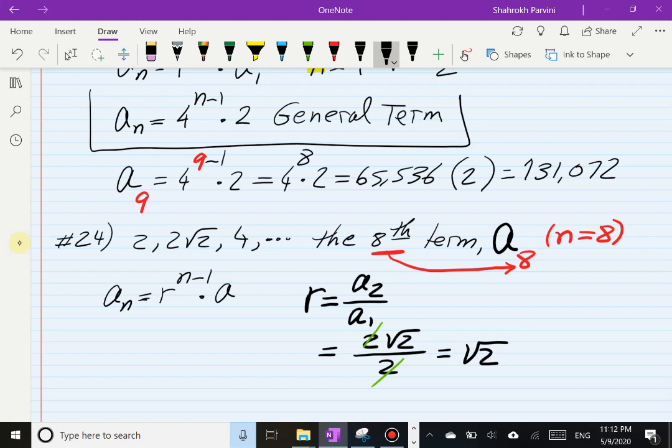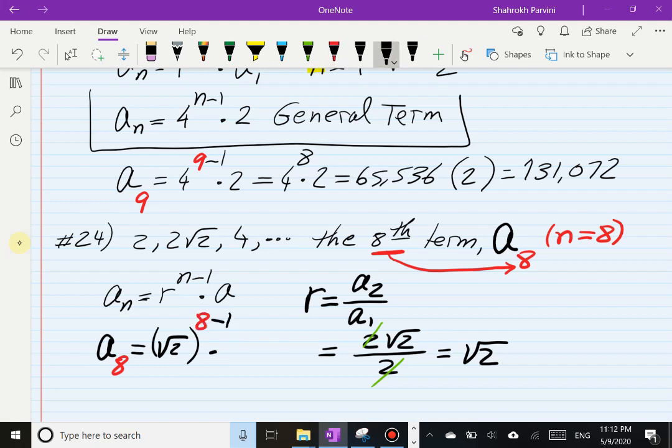That means each time to go from first to second, second to third, third to fourth, and so on, you multiply by square root of 2. So a sub 8 now, that's what we want to do, right? A sub 8 is going to equal r, which is root 2, to the power of 8 minus 1, right?